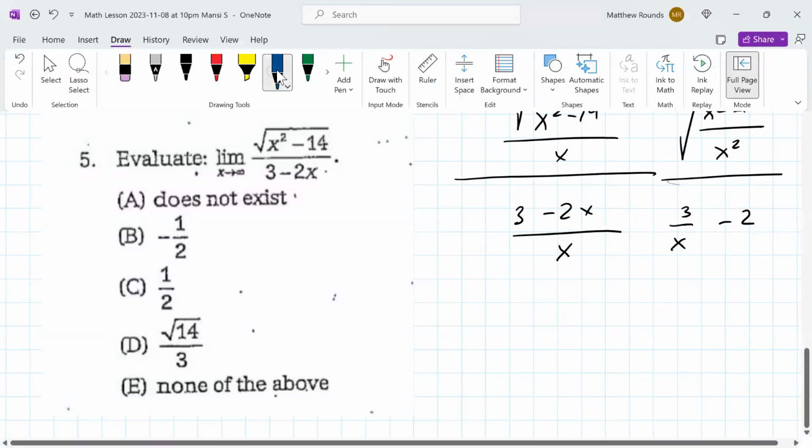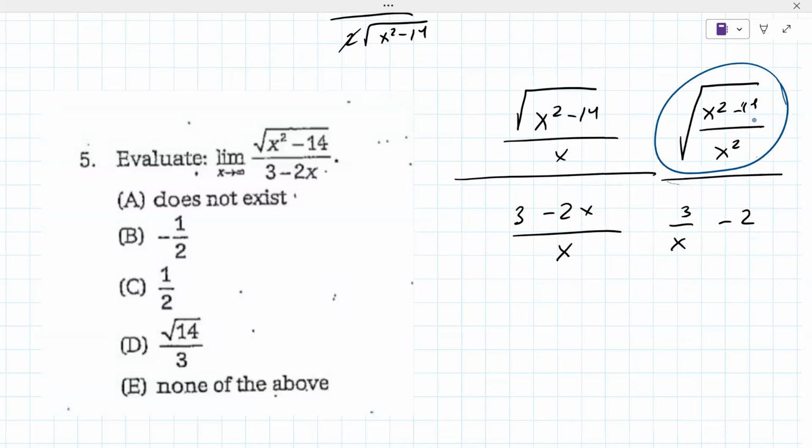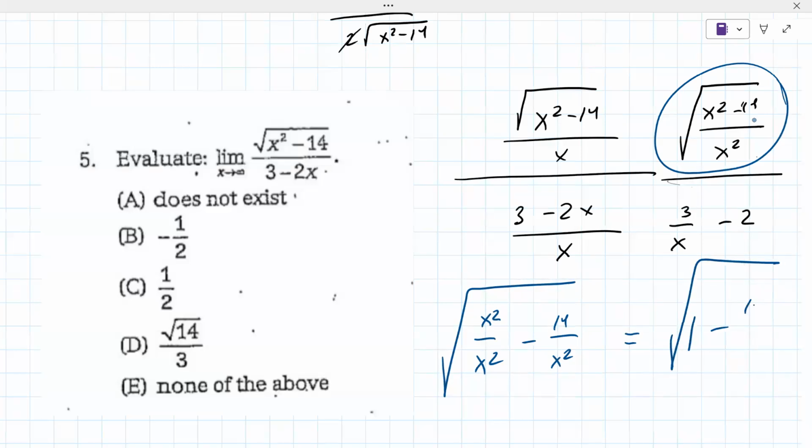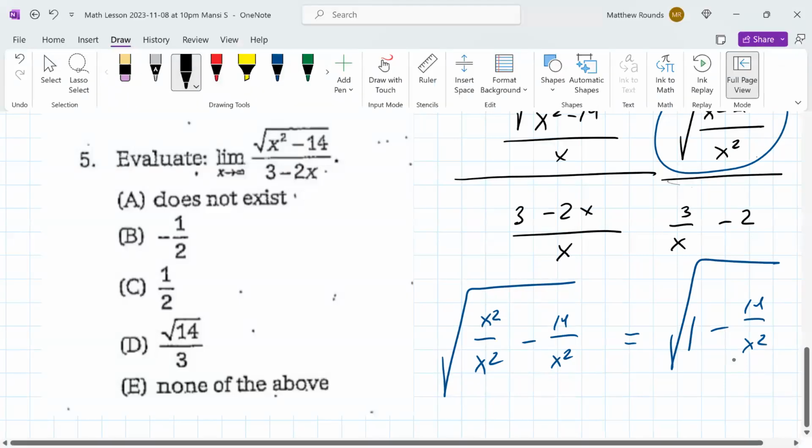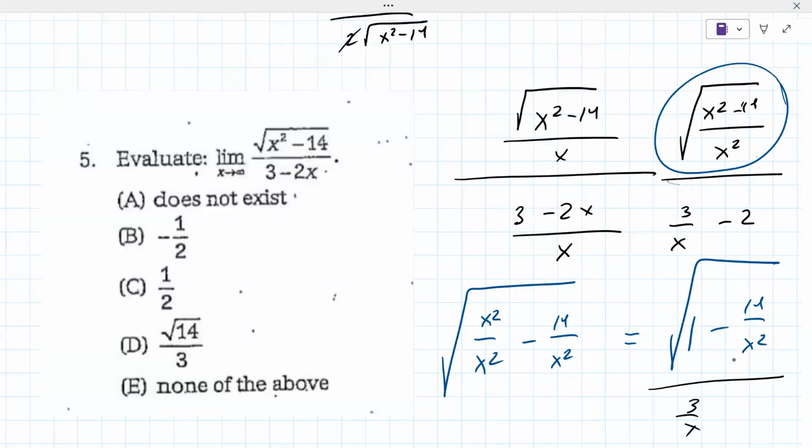So this part up here in the top right becomes the square root of x squared over x squared, 14 over x squared, which becomes square root of 1 minus 14 over x squared. And then you're dividing that by 3 over x minus 2.